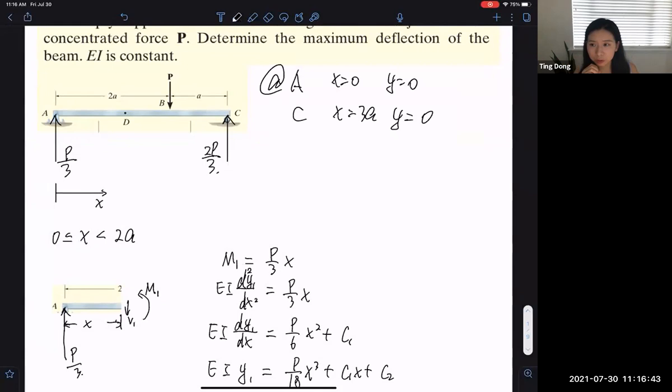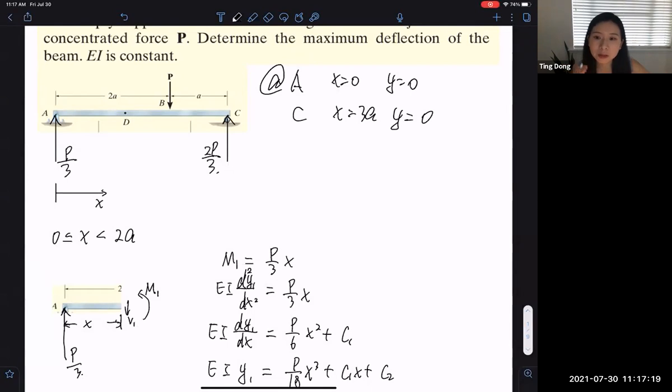What are the other equations that we can use as boundary conditions? For this one, that's why I say this is a more advanced level of deflection calculation. Why? Can we use y prime at 0 equal to 0 and y prime at the point C equal to 0? That would mean the rotation at that point is 0.